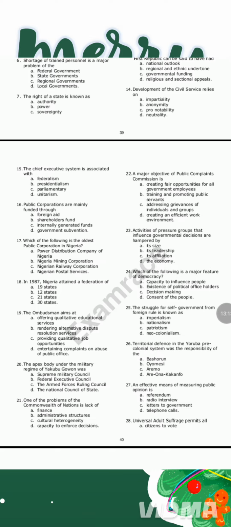Some call it SMC, Supreme Military Council. Some call it AFRC, Armed Forces Ruling Council, and some also call it PRC, Provisional Ruling Council. But in the case of Gowon, from 1967 to 1975, when it was overthrown by Murtala Muhammad in a bloodless coup, Gowon's military council was called the SMC, the Supreme Military Council.